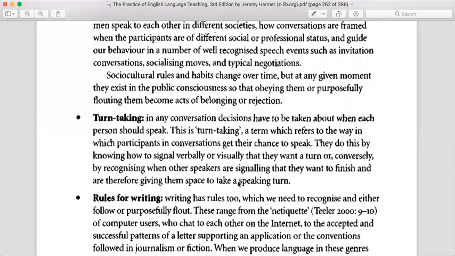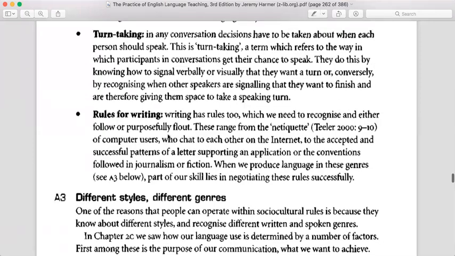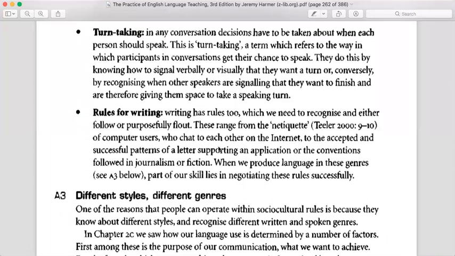Now, sometimes the rules of writing are also different. Netiquettes, for those who use the internet, have different rules which are acceptable. When you are writing an SMS, you can use short words, like instead of YOU, you use U. And that is very much acceptable in the world of the internet.